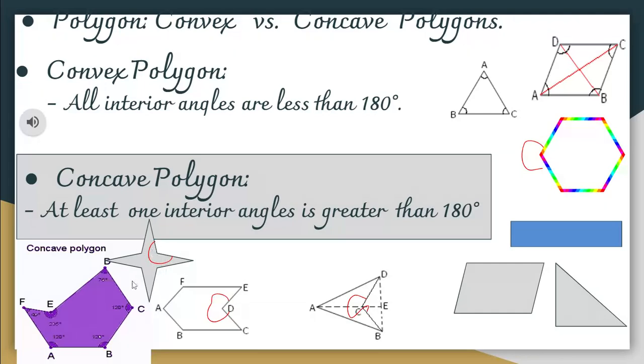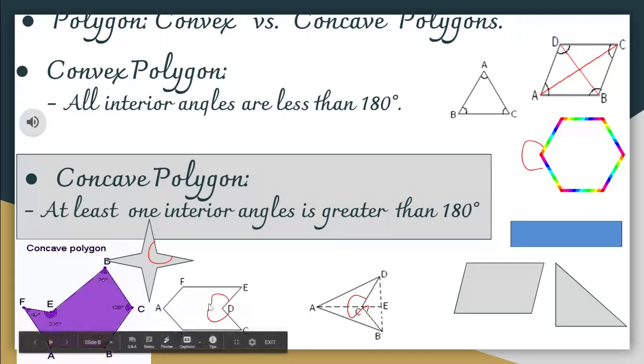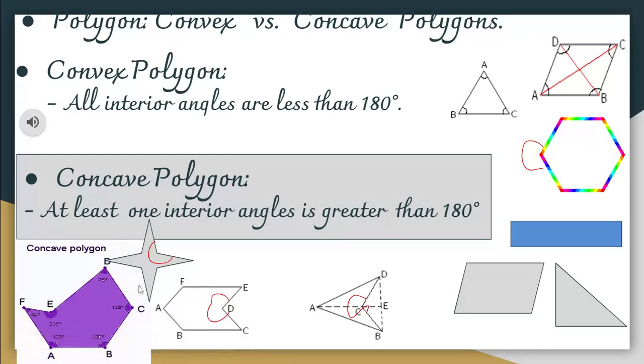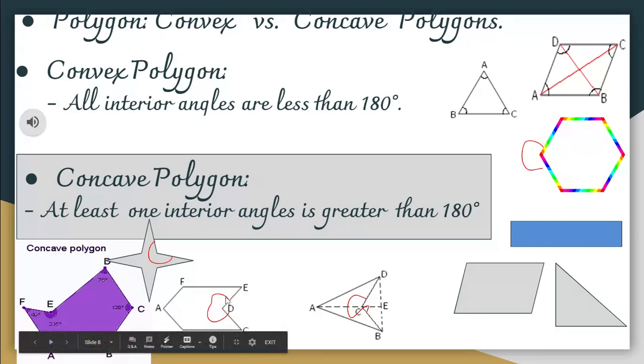Clear? Similarly, when you look at other angles, they are also more than 180 degrees, but the interior part of the angles that are less than 180 degrees. Clear? Now look at this diagram. This angle which I have drawn with a red color is more than 180 degrees, isn't it? But other than this, all are less than 180 degrees.